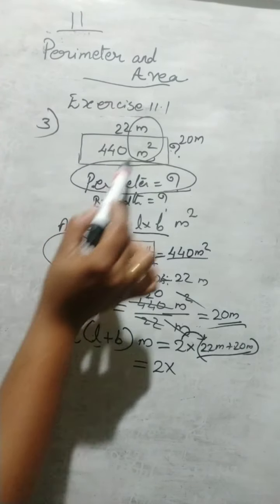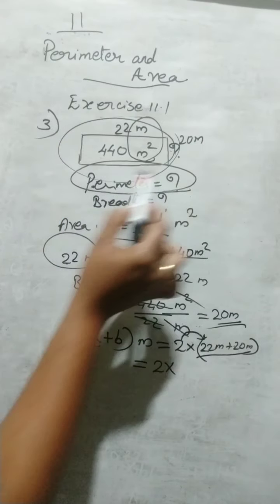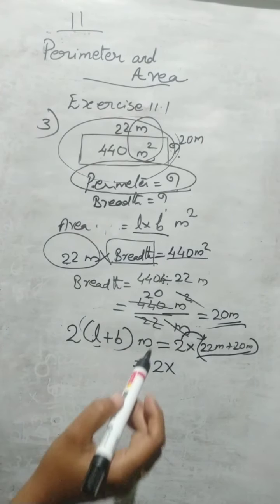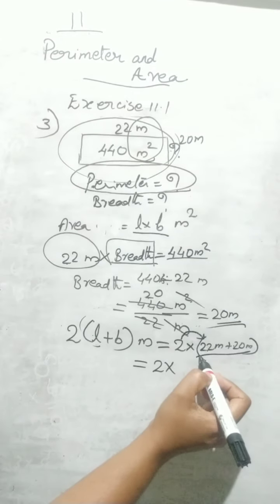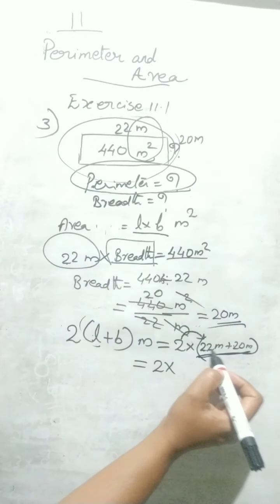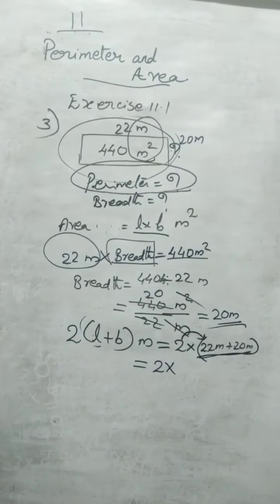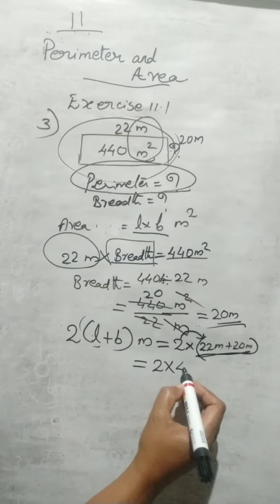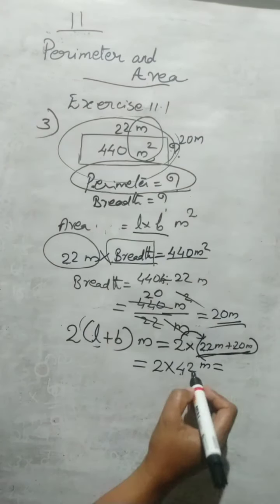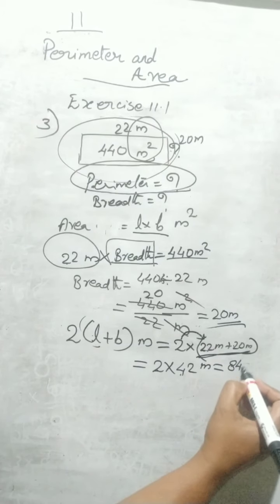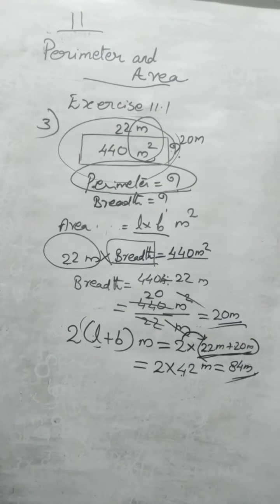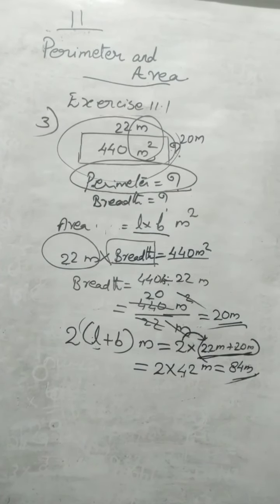Actually we have to add 4 sides. So first find one time addition, that is 22 plus 20, equal to 42. Then 42 meter times 2 is 84 meter, which is the answer. So the perimeter of this rectangular plot is equal to 84 meter.